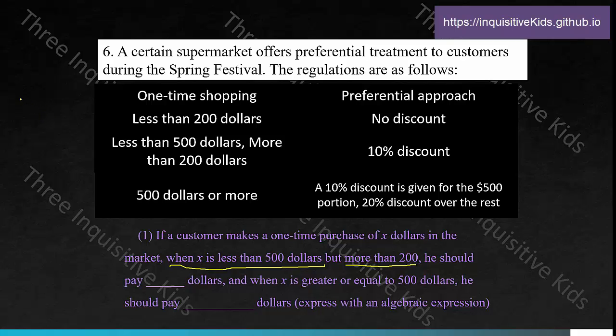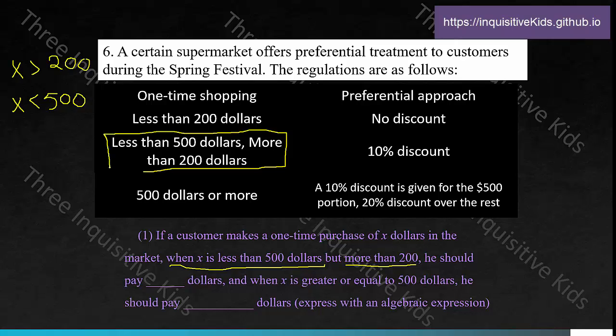So X is less than 500 but more than 200. If the scenario was like that, then that would come directly into this scenario. Less than $500, more than $200. His purchase would be able to get a 10% discount.